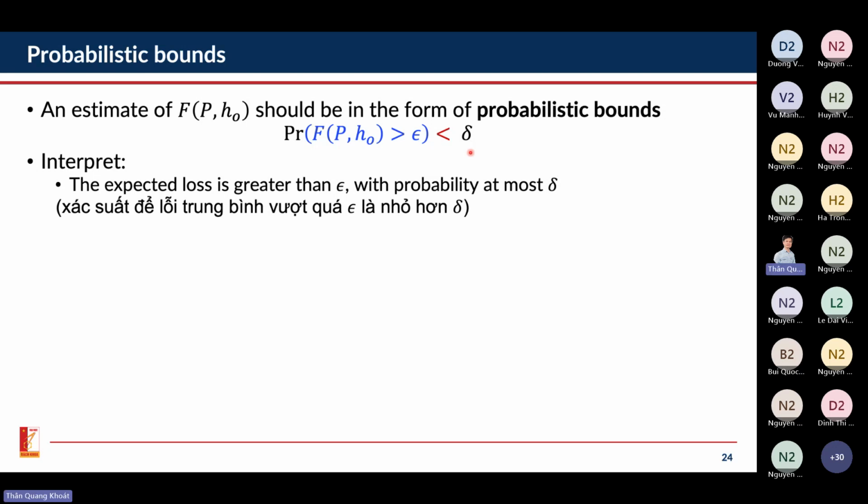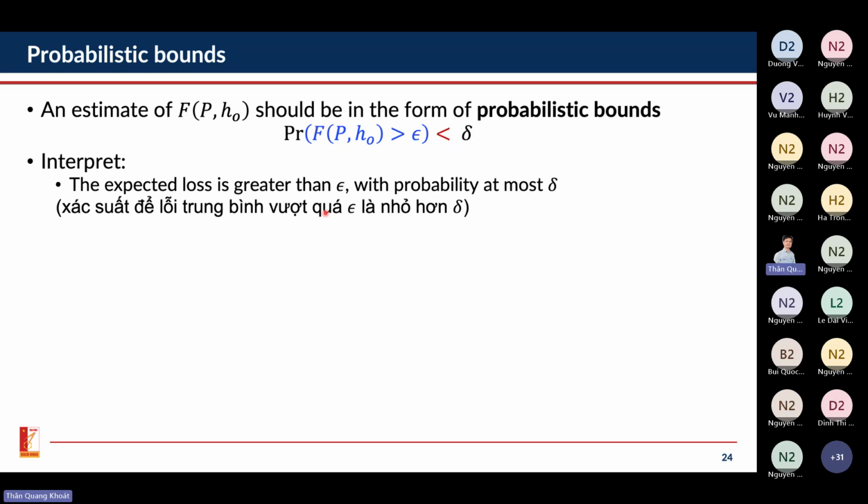Or in other words, we want to state that the population error is large with a very small probability. And in that case, our model can be very good, right? With a high probability. And by this way, we can account for some uncertainty in the training data, for example.